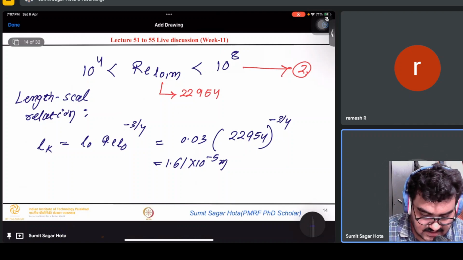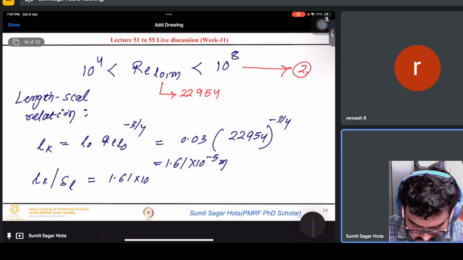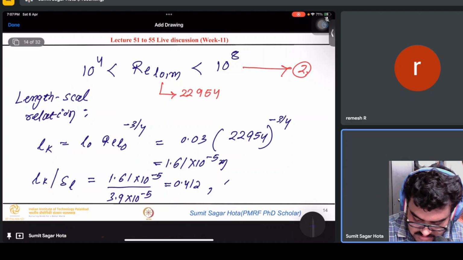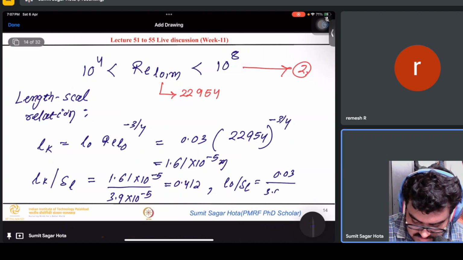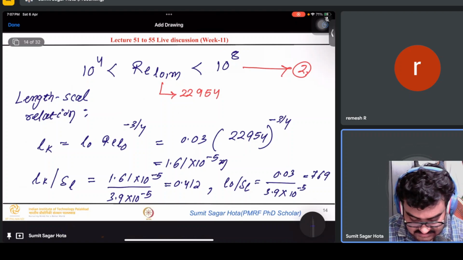What is lambda L? 0.112. Then L naught by lambda L delta L: 0.03 divided by 3.9 times 10 to the power minus 5 is 769. A very high value, okay, perfect.